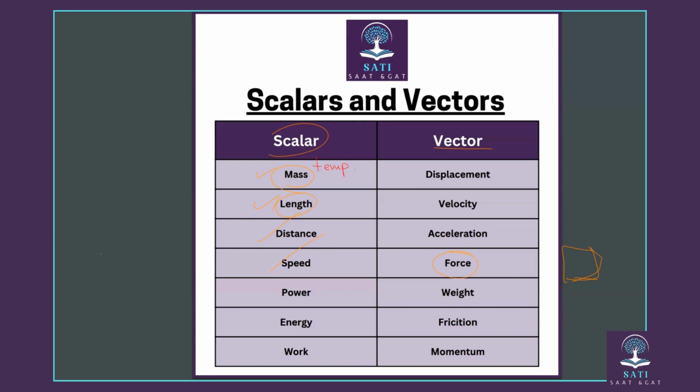So for force, a number alone is not enough to explain it. It needs to be explained by direction. So I tell you to push this by 5 Newton, then I tell you left or right, I give you a direction. So any physical quantity that is explained by a number and a unit alone, with no need for a direction, we call a scalar.